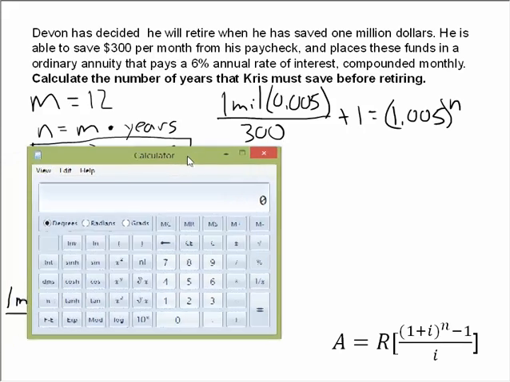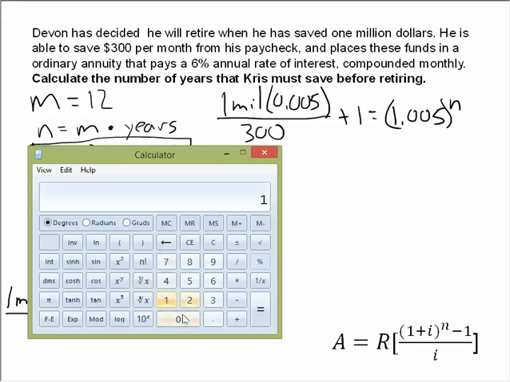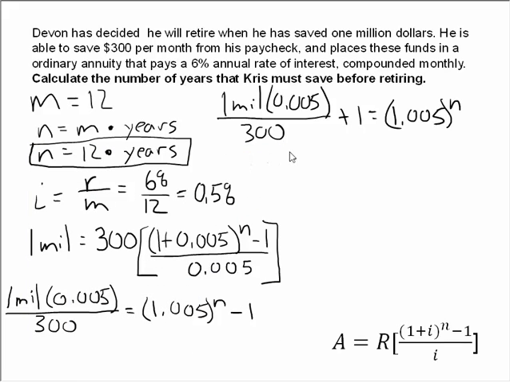Pull up my calculator. I've got 1 million, 3 more zeros. Yes. Times 0.005 divided by 300. And that gives me 16.67. Now I'm going to add 1 to that, and we'll have 17.6 repeating equals 1.005 raised to the n.